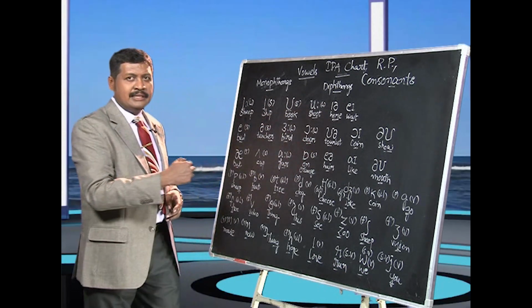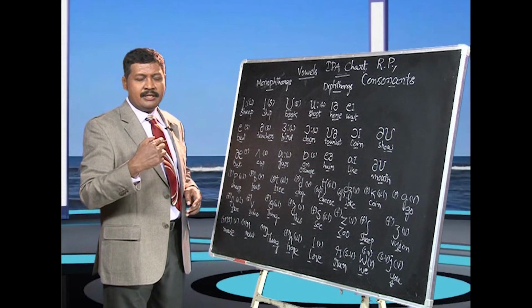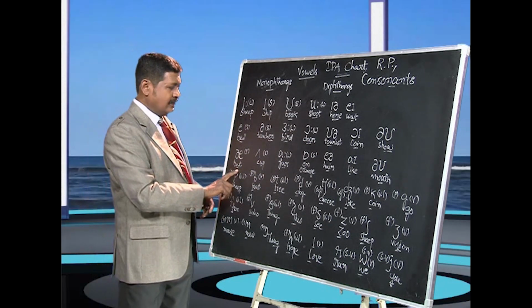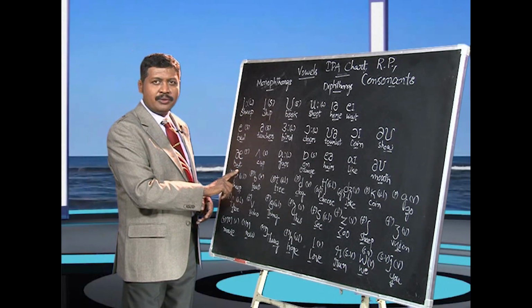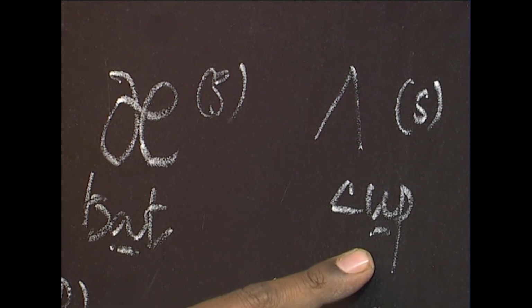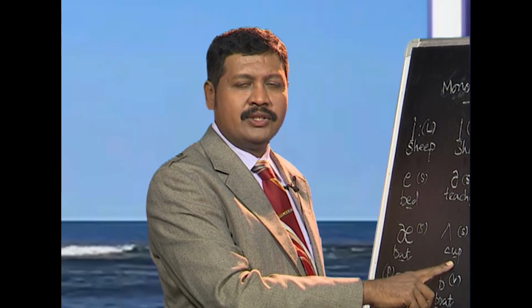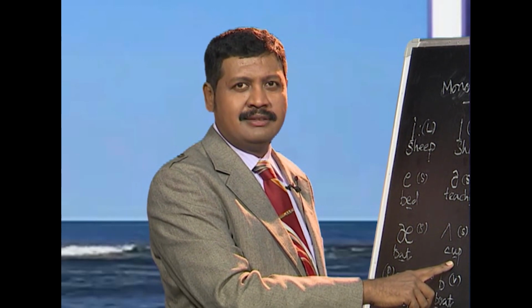Let me now go to the next one under the monophthongs category, that is under the vowels. Short vowel sound. Bat, cat, rat, mat. Short vowel sound. Then look at the next one. Cup, up, run, bun, fun.